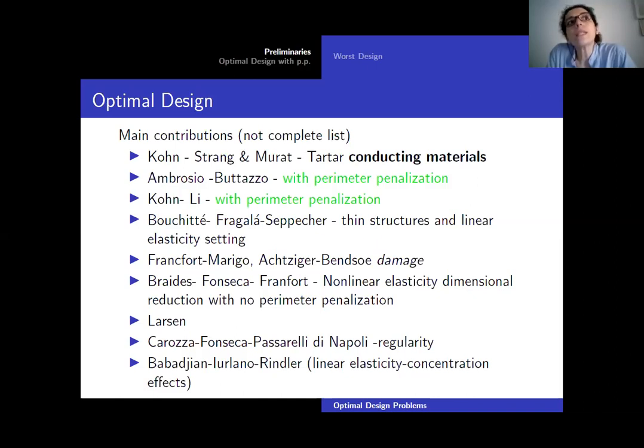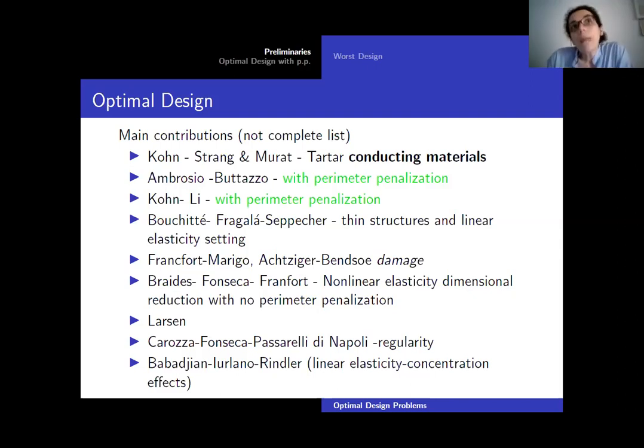The models that they propose are essentially models that don't take into account any type of penalization at the interface between 2 phases of the material, or if you think about fracture or damage, between zones that are damaged and zones that are not.